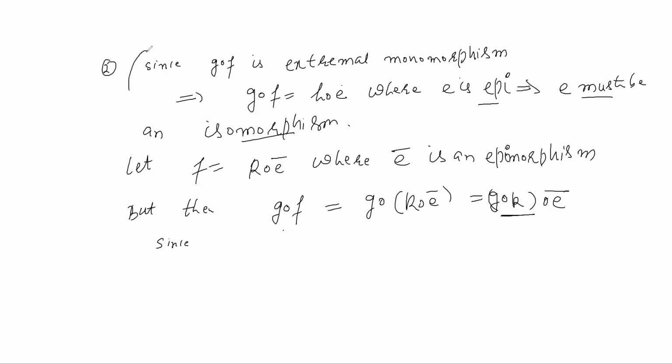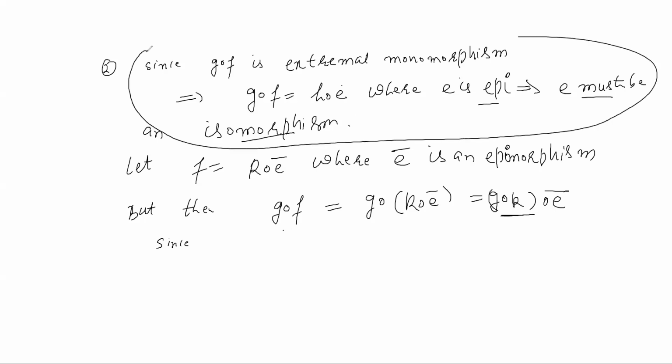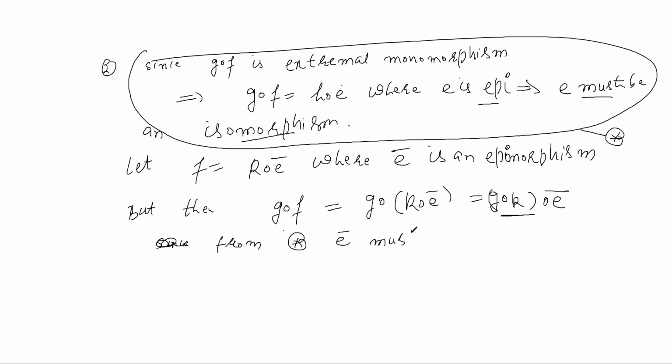Call this whole thing star. So from star, E bar must be an isomorphism.